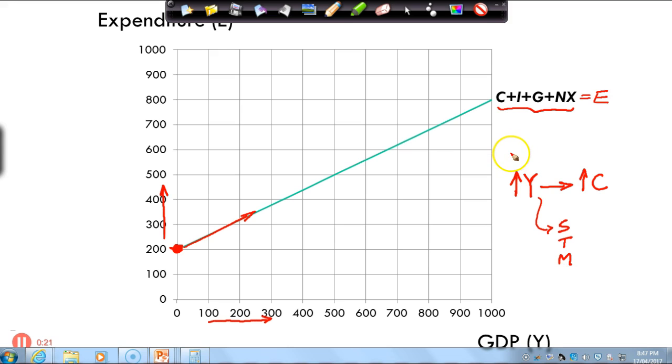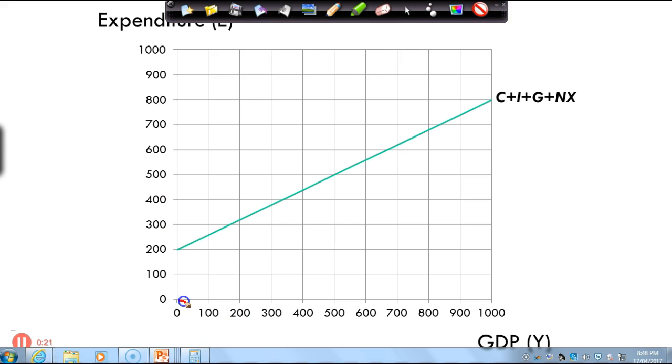So it might be, for example, that income increases by, say, 200. It will lead to an increase in consumption, not of 200, but of 120. In fact, that's what we can see on the graph here.